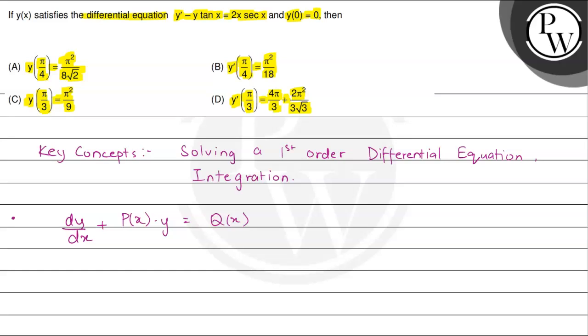And the solution of such a differential equation comes out to be y times e to the power integration of p of x dx is equal to integration of q of x times e to the power integration of p of x dx times dx.